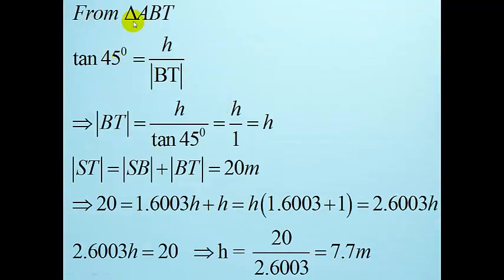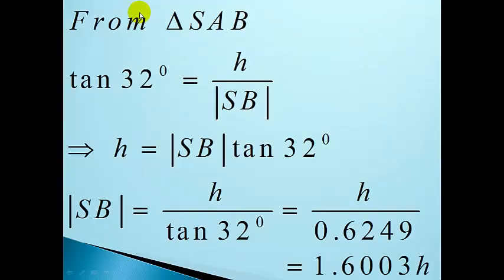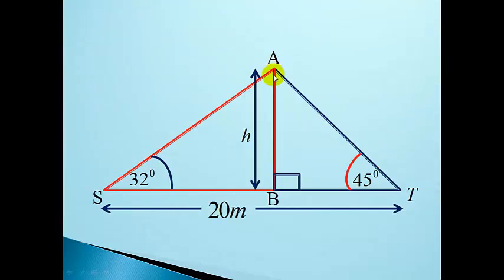Now, from triangle ABT, and where is our triangle ABT? This is our triangle ABT. Considering this triangle, H is opposite to the angle 45, and the distance from B to T is adjacent.